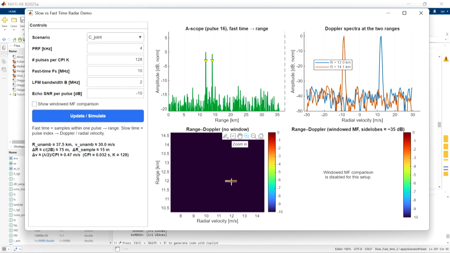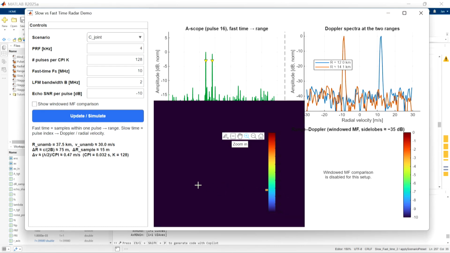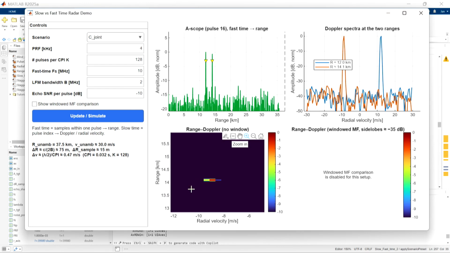And the speed is 12, it is this one. X is, sorry, -9 probably, something like this.